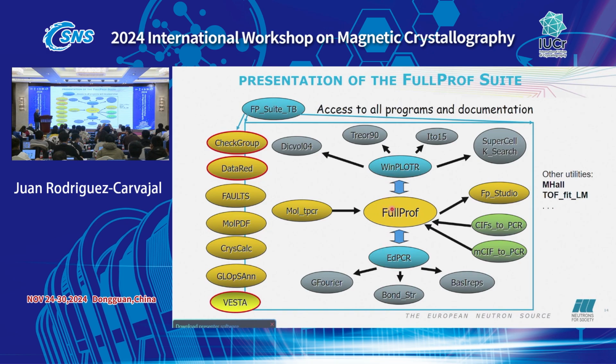You can, for example, produce files to be analyzed with FullProf Studio. SIFs to PCR and MSIFs to PCR provide the input files to FullProf. And you have other programs that can be used, for example, in particular, K-search in order to find the propagation vector using powder diffraction. This is useful for the people.